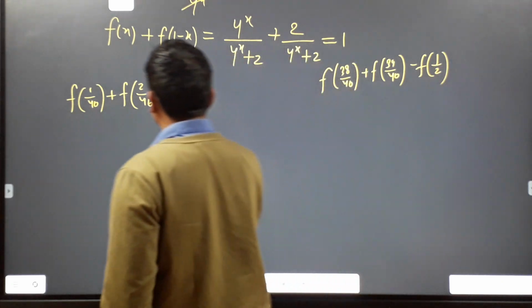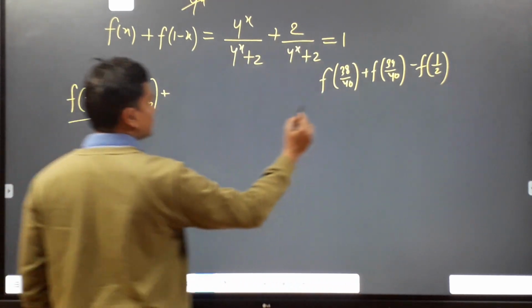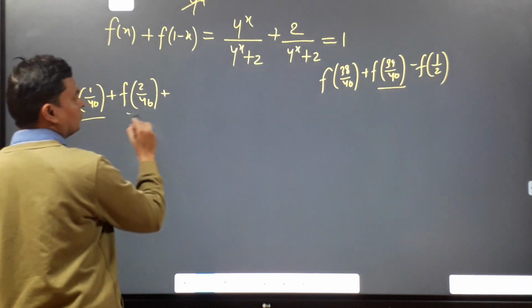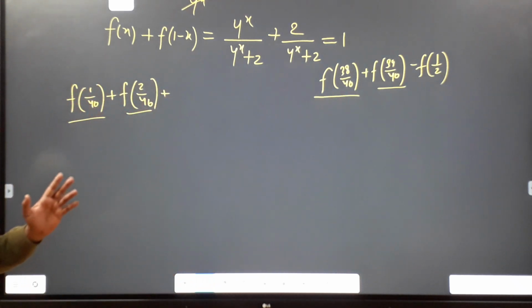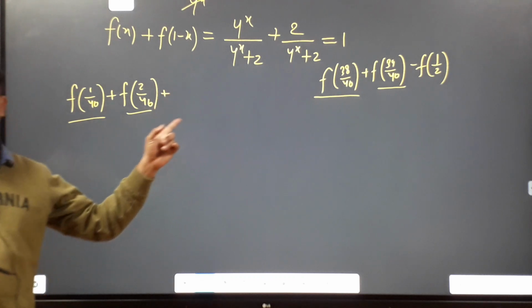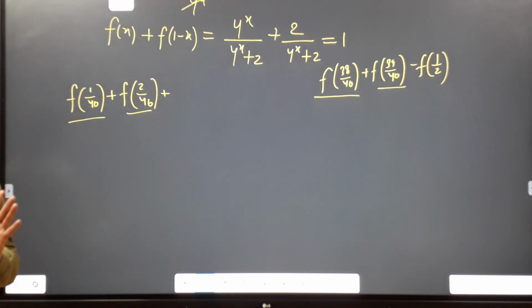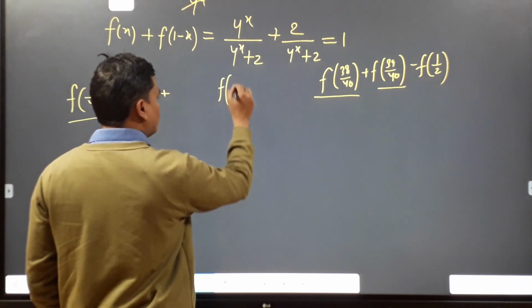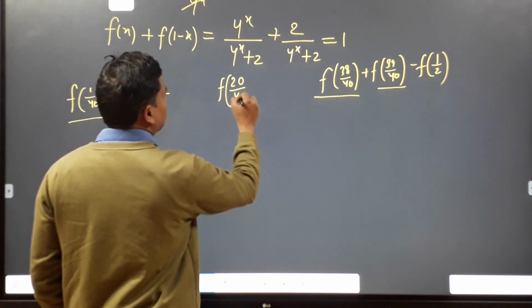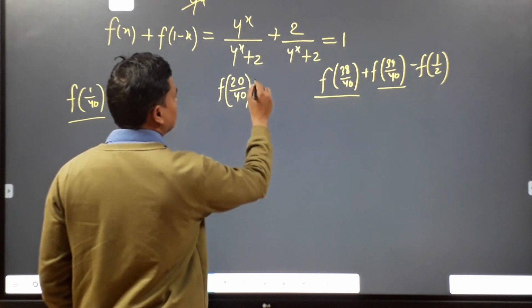The first term will make a pair with the last, the second term with the second last, but while making these pairs, one term will be left unpaired in between, and it will be f of 20 by 40. Very good, so this term will be left unpaired.